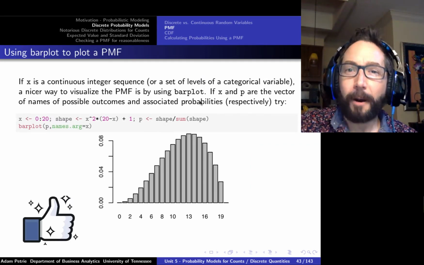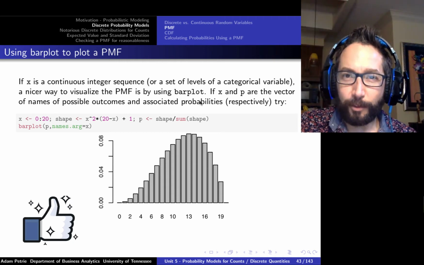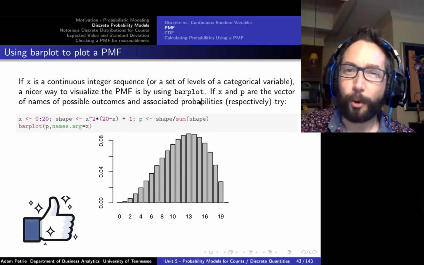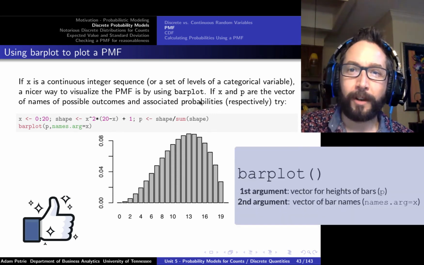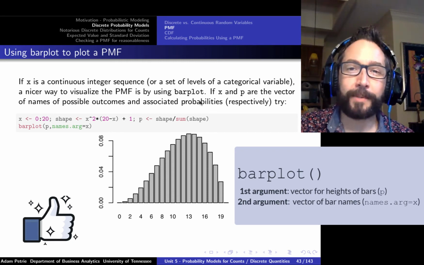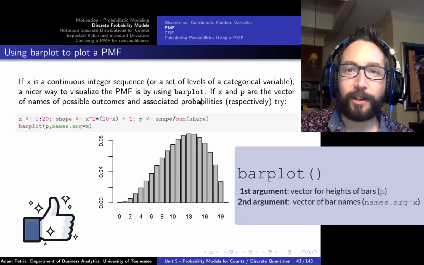But I think making a bar chart is a bit more productive, a bit more informative in order to see what the distribution looks like. Now, barplot has kind of a quirky syntax, so here's how it works. Once you have your PMF, your x vector giving the list of possible outcomes, your p vector giving a vector of those probabilities, what you want to do is run barplot with first argument p.